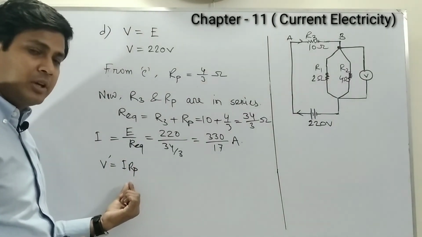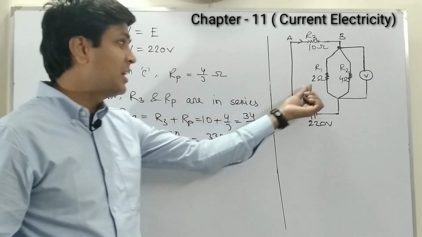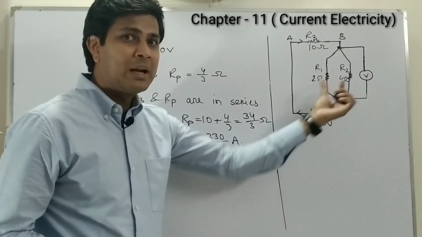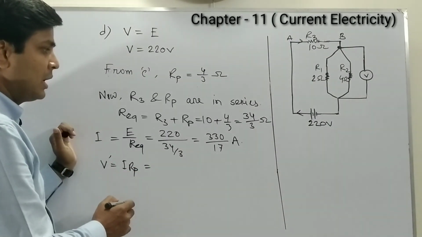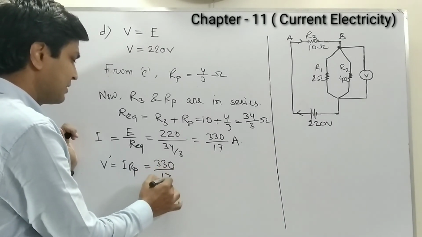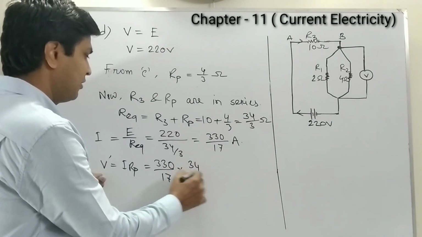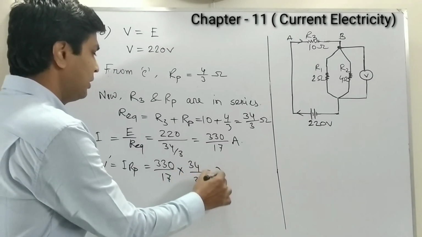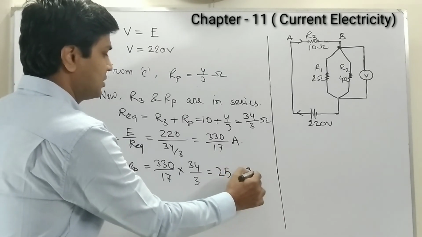So we have to use resistance Rp to calculate the potential difference across R1 and R2. So if you put the value of I, which is 330 divided by 17, and Rp, which is 4 divided by 3, the answer will be 25.88 volt.